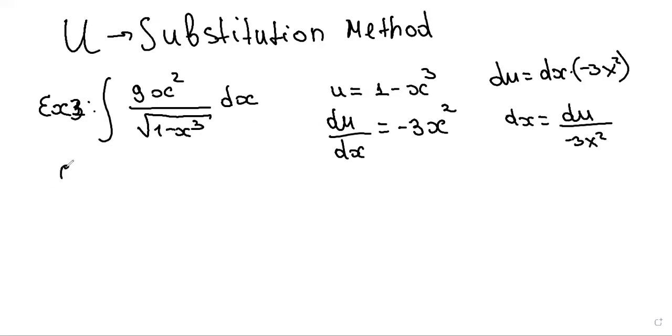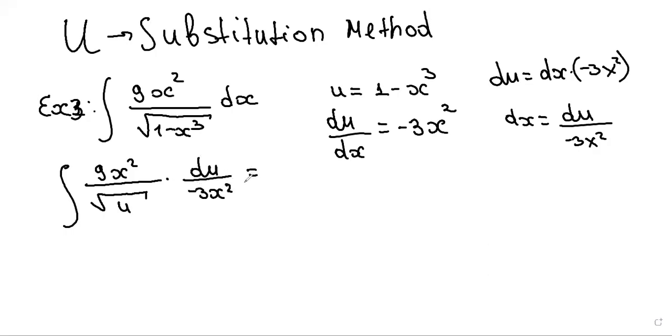I write the integral again: 9x squared over the square root of u times, instead of dx, du divided by negative 3x squared. Then they cancel each other, and I will have negative 3 here. So it converts to negative 3 du divided by the square root of u.